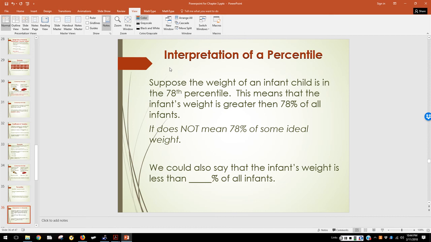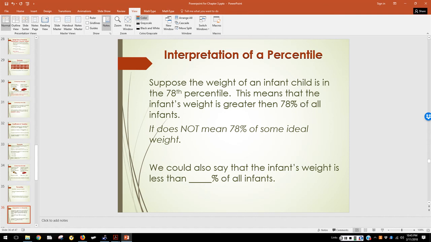The main thing to understand about percentiles is how they're interpreted. If you're told that the weight of an infant child is in the 78th percentile, that doesn't mean that they weigh 78% of some ideal weight or anything like that. It means that that infant's weight is greater than 78% of all the infants that were in the same group.